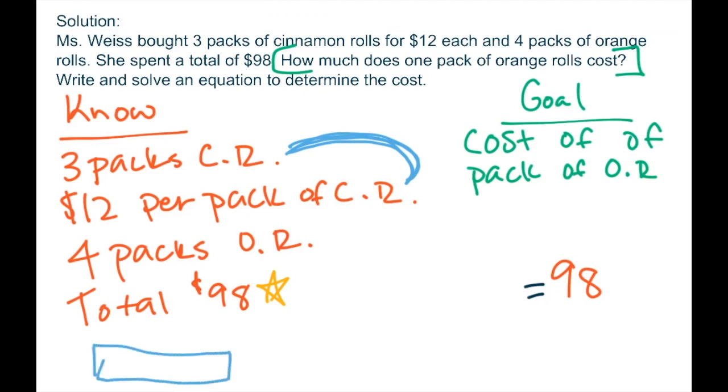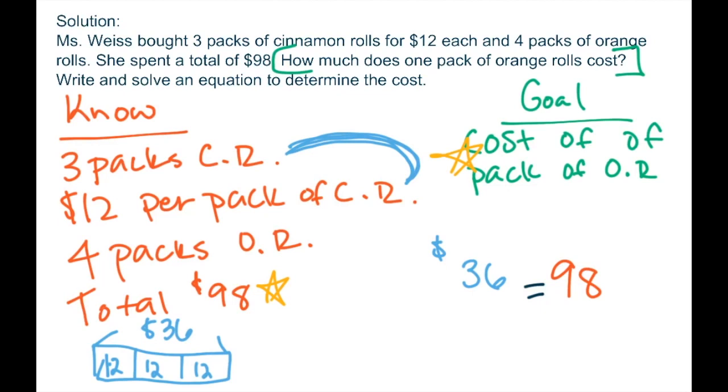So we did a lot of this in the previous video, but if I use a tape diagram to say 3 packs and each pack costs $12, then I know the total for just the cinnamon rolls is going to be $36. Okay. What I don't know is the cost of a pack of orange rolls. That is what I'm trying to find.